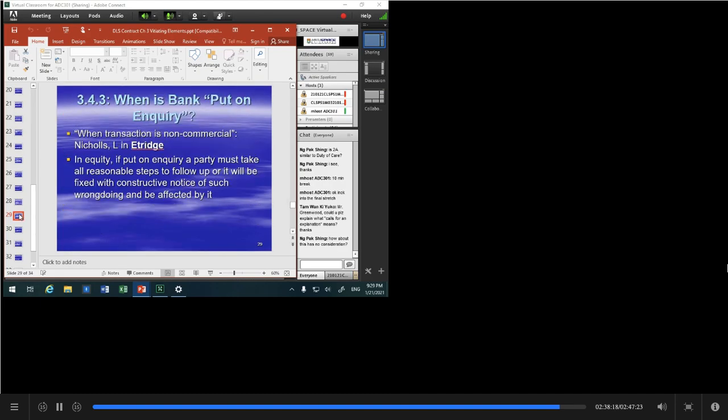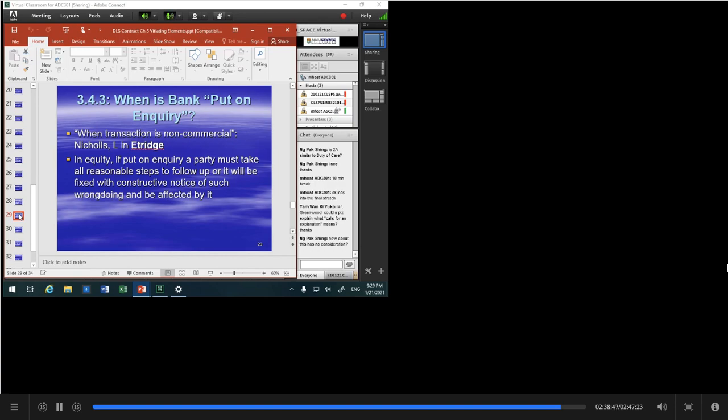asking very personal questions. So how does the bank know in a domestic situation whether there is any undue influence exerted on the weaker party? Well, instead of asking these very personal questions, Lord Nicholls in Etridge said that the bank will be put on inquiry whenever the transaction is a domestic or non-commercial transaction.